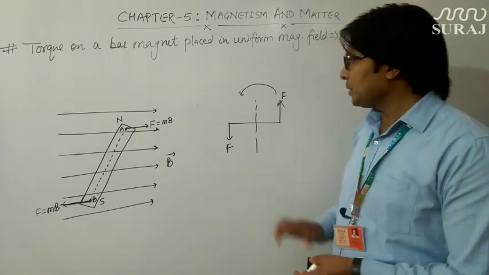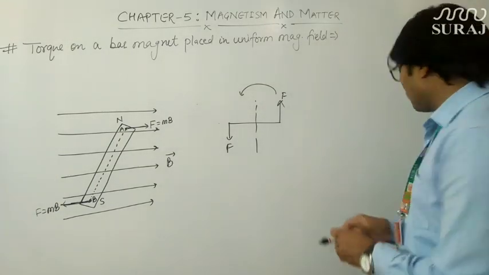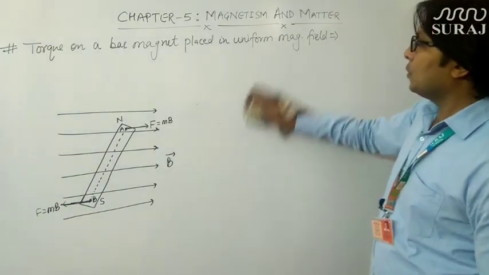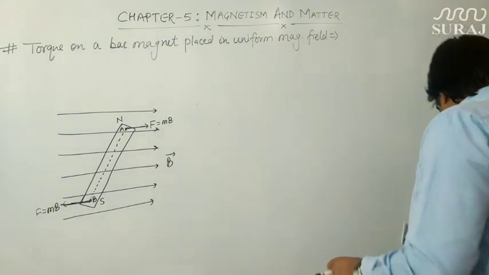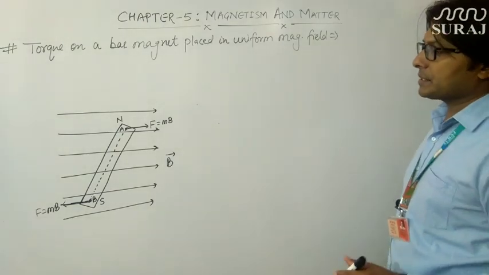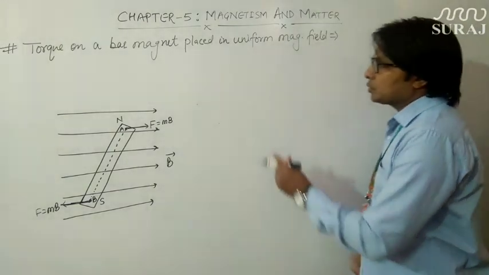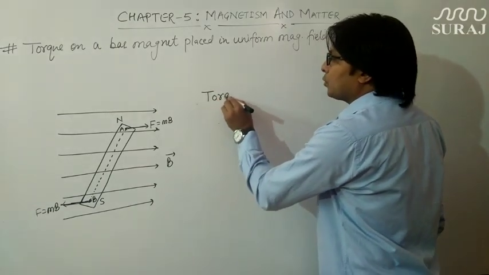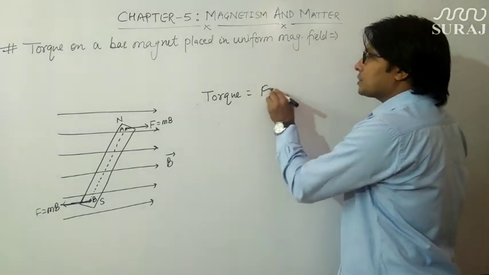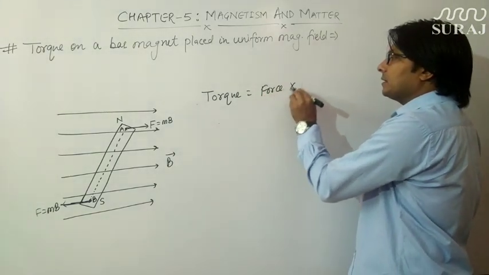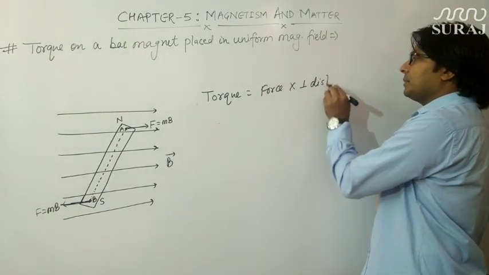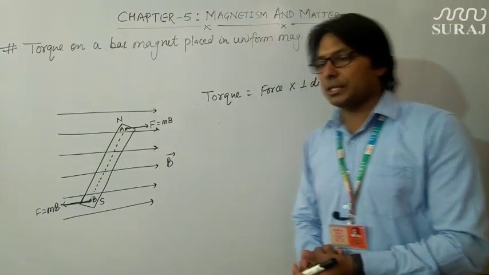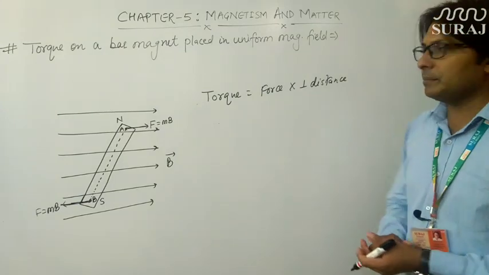We have studied the formula of torque in class 11th as well as in 12th, and we have also studied torque on various objects. So what is the formula for torque? Torque is given as force multiplied by the perpendicular distance between the two forces, which act in opposite directions at two different points of the body.